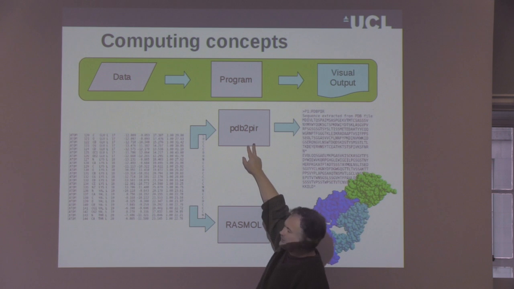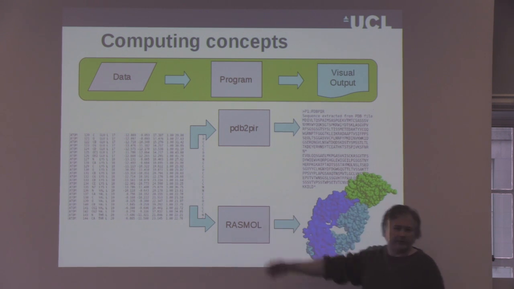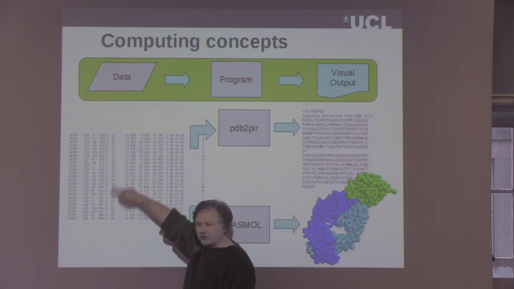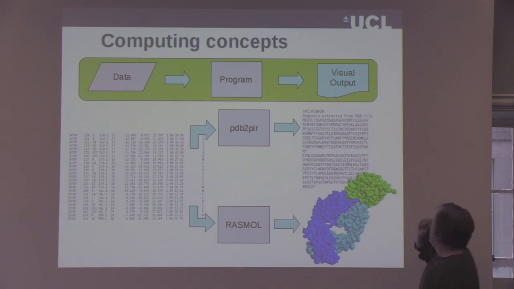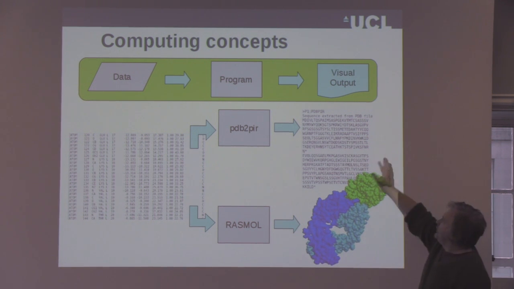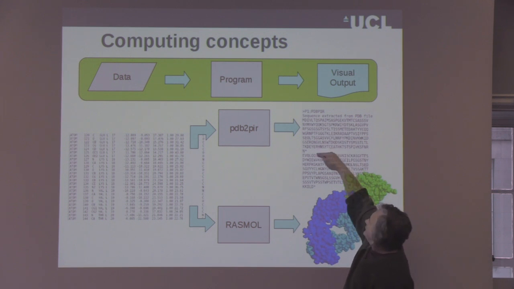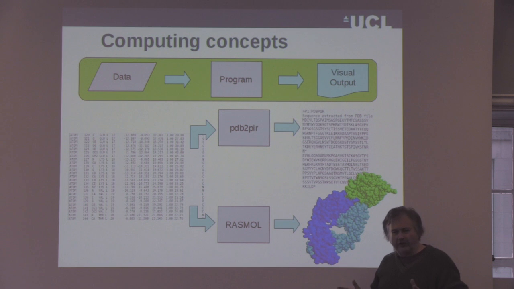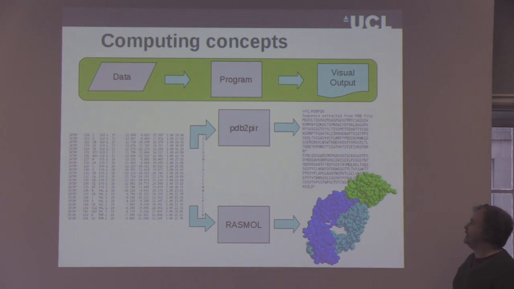But here we're using another program of mine called PDB to PIR, which takes your structure file and extracts the sequence information from it and displays that in a format called PIR. So it's just showing the one letter code sequence with a header at the top and each chain terminated with a star. So that's quite an important fundamental concept, that you can start with a single data file and you can use different programs to analyze those data in different ways and produce different representations of the information.